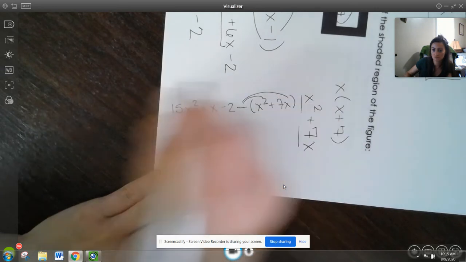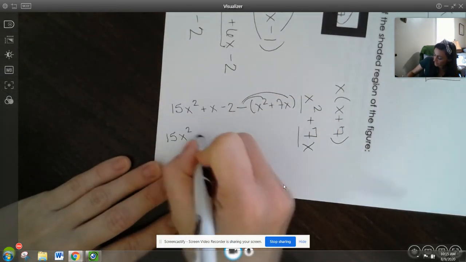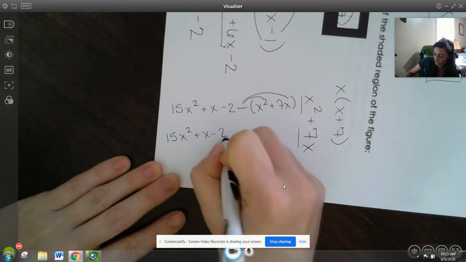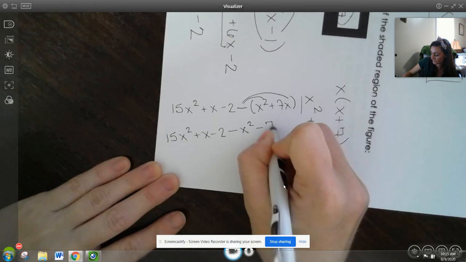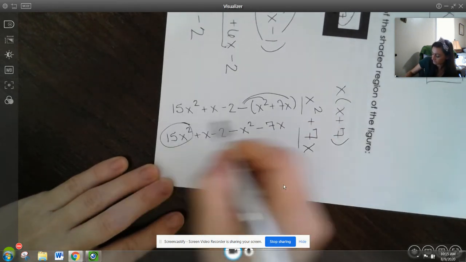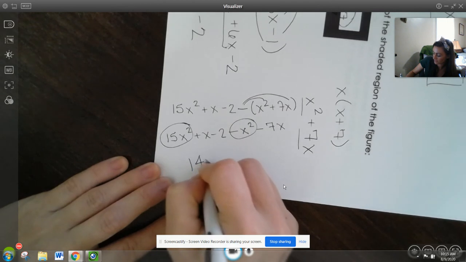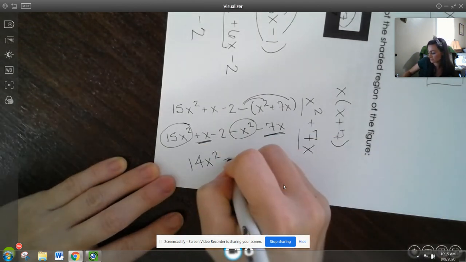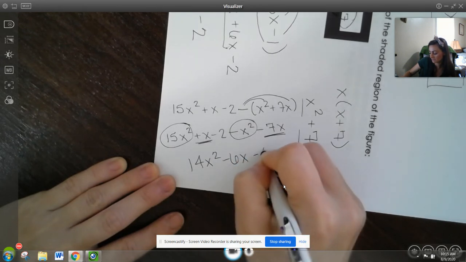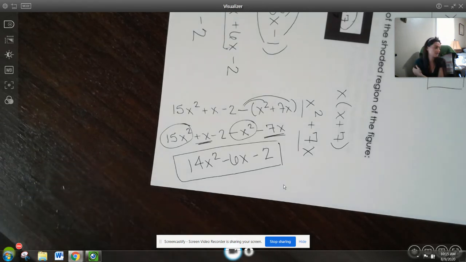So what I'm doing is distributing that negative. So I have 15x squared plus x minus 2 minus x squared minus 7x. So 15 minus 1 gives me 14x squared. I have x minus 7x, which gives me negative 6x, and then my constant remains the same. So that would be the area of the shaded region.